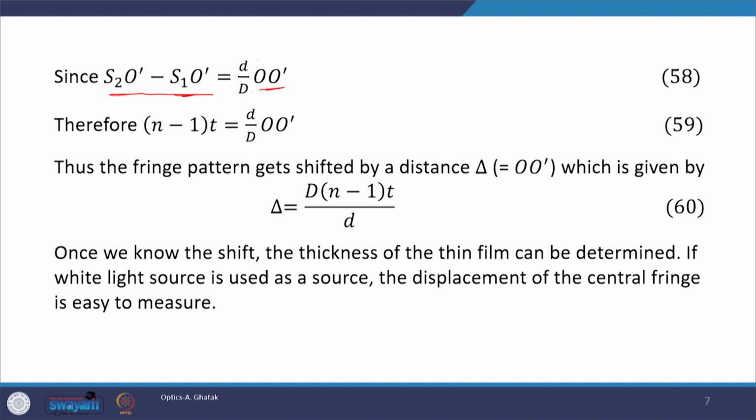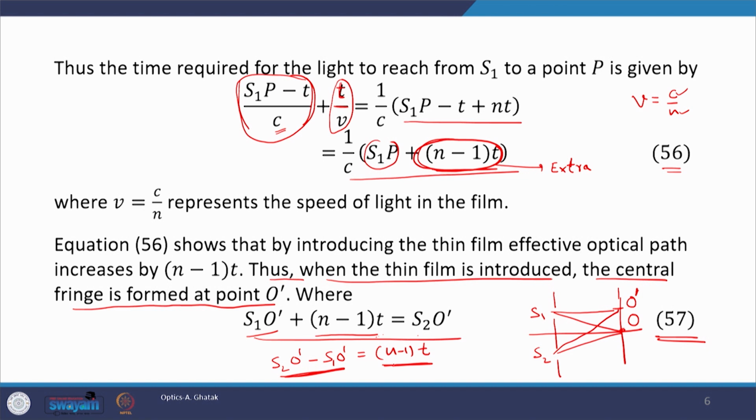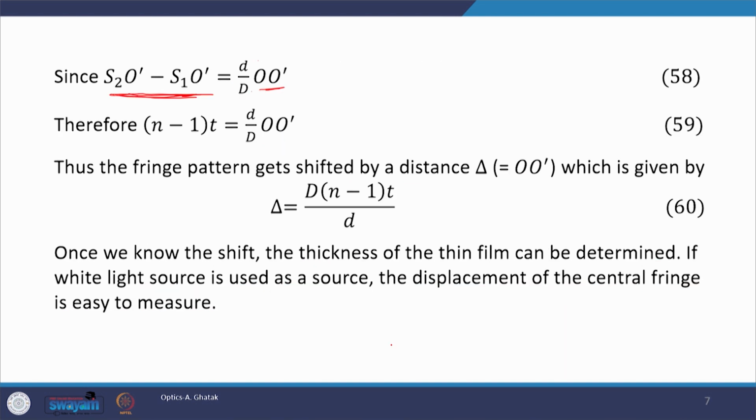We can safely substitute for S2O prime minus S1O prime, which is (n minus 1) into T. Therefore, (n minus 1) into T is equal to d by capital D into O prime.